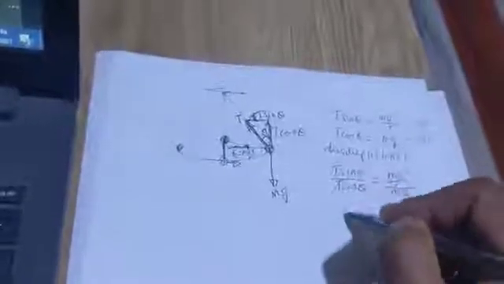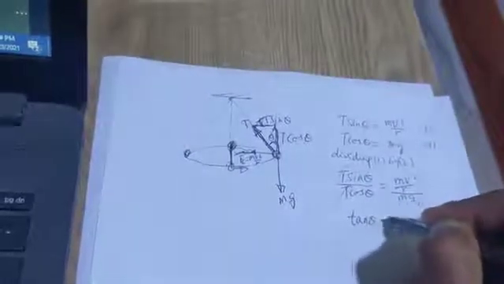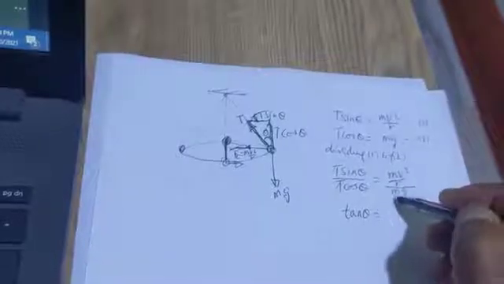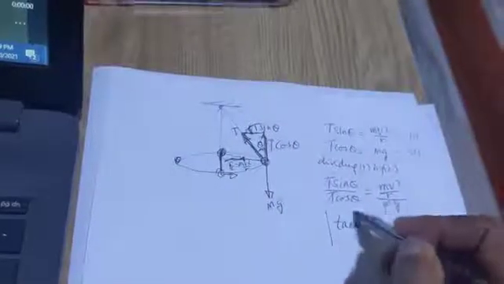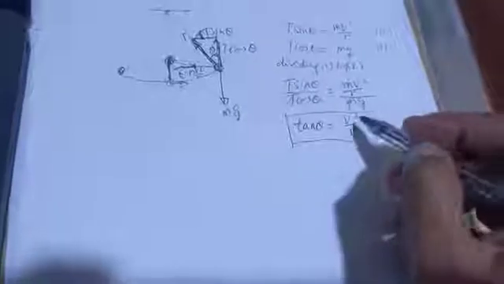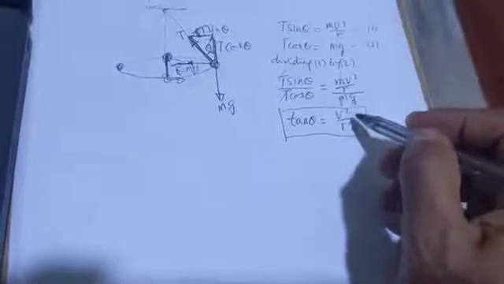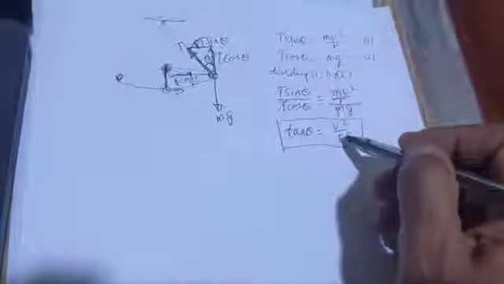Sine theta over cos theta is tan theta. The mass is cancelled here, leaving v squared over rg. In this case, theta is known as the banking angle. The banking angle depends on the velocity, the radius of the system, and the gravitational acceleration.